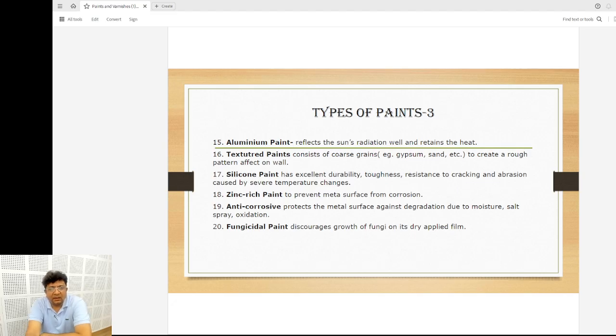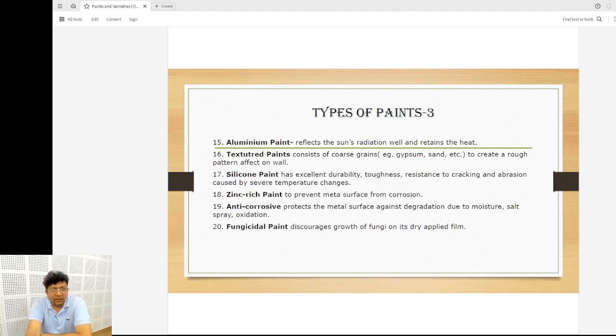We have an entire shade card available with different coarse grains, and to create a rough pattern, with the help of rollers and textured paints, we can make different patterns. We can customize the wall surface with different types of grains. We can use digital images to create customized patterns on our walls.